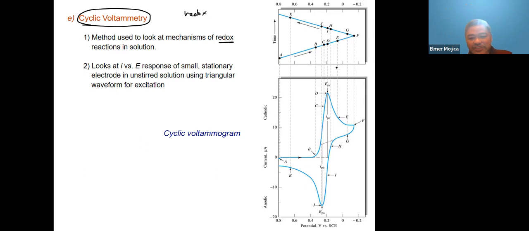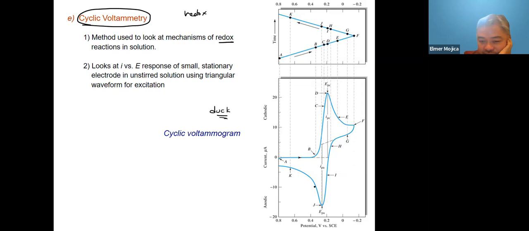So tinitingnan mo saan yung reduction at saan yung oxidation na nagpo-form. And usually a typical CV would look like this. Anong hayop ang naalala nyo kapag may ganito? Anyone? I don't know if you agree with me. It's a duck-shaped thing.